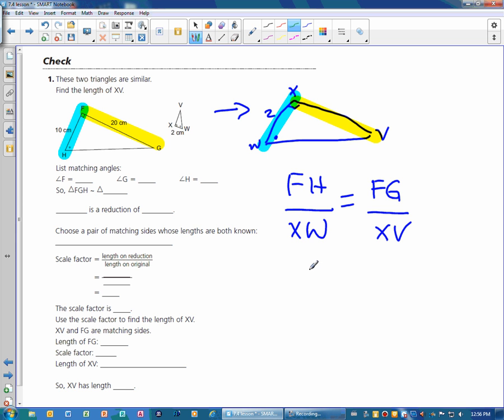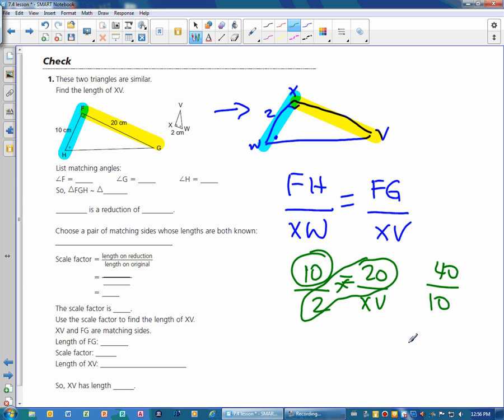Plug in your numbers. 10 to 2 is the same as 20 to XV. Cross multiply. 2 times 20 is 40, divided by the leftover is 4, which makes sense. 10 got doubled, so 2 has to get doubled. So this length is 4. That's it. Good luck on your homework and your quiz.